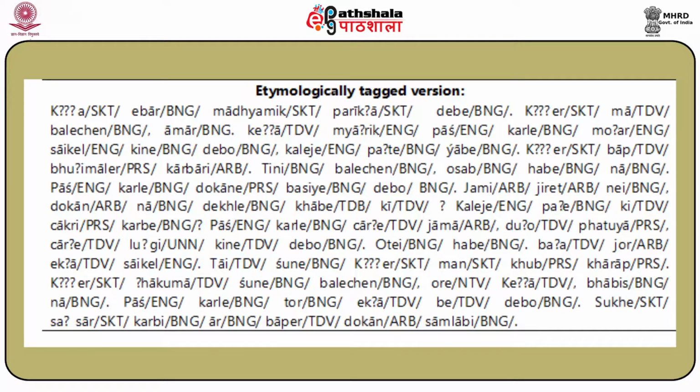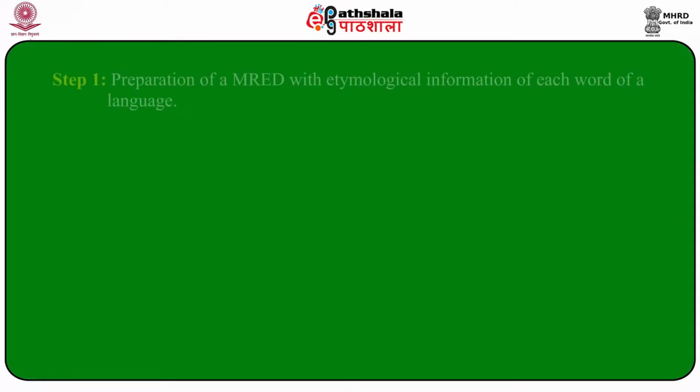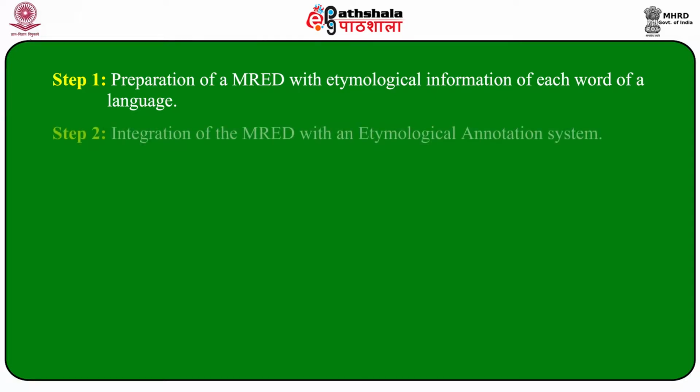So it is better to describe the steps which we followed to annotate the text. There are 8 different steps that we followed. Step 1 was preparation of a machine readable dictionary with etymological information for each word of a language.